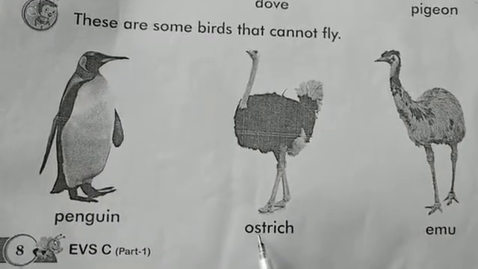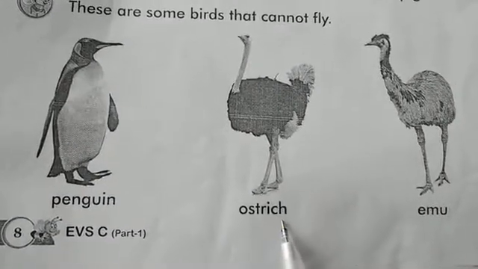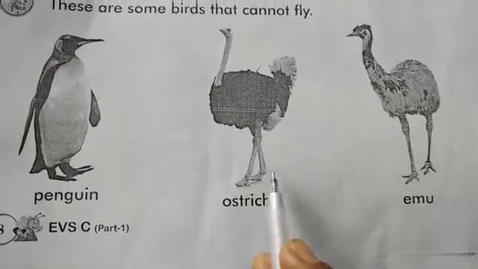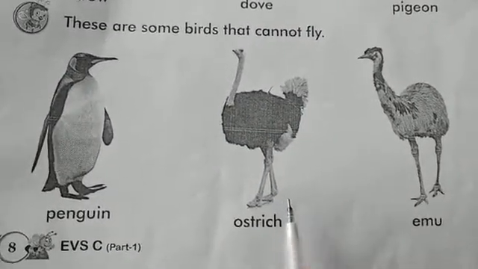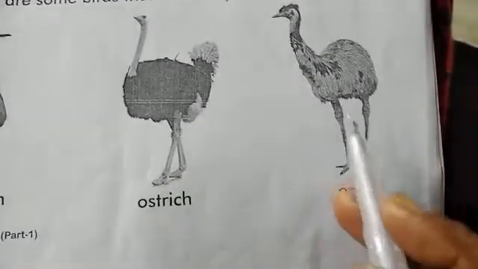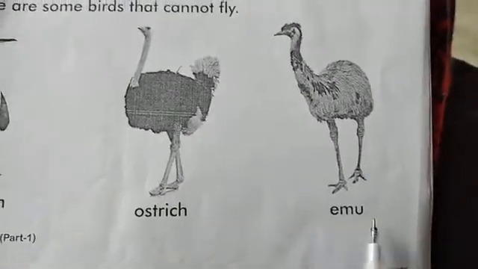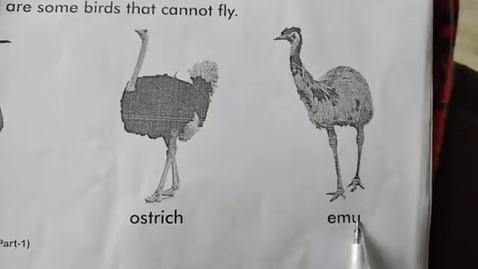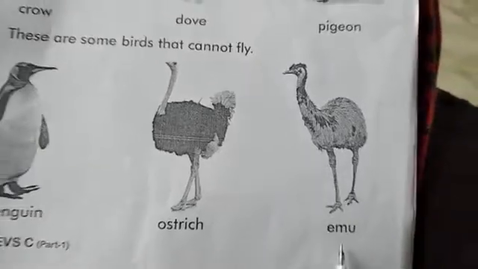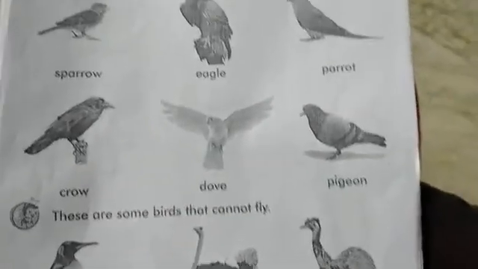Ostrich. O-S-T-R-I-C-H. Ostrich. Ostrich also can walk but it cannot fly. Emu. E-M-U. Emu. Emu also can walk but it cannot fly. Okay?